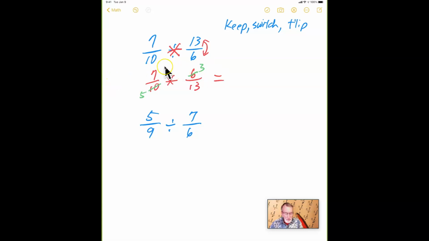So we've got 7 times 3, 21, and then 5 times 13. My magic rule for multiplication by 5: take half of 13, that's 6.5, and we multiply by 10, or we add a 0, but we're going to move that decimal point over one place to the right and make 6.5 into 65.